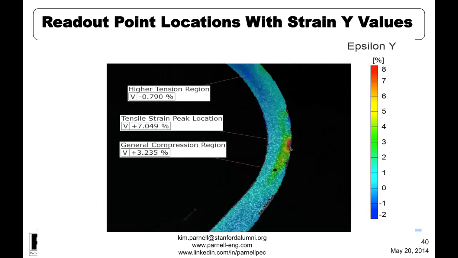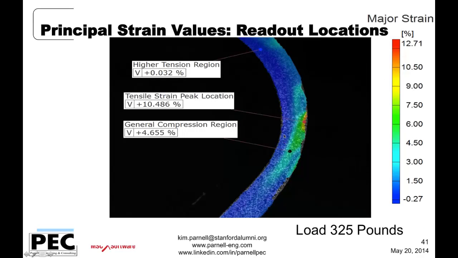And here are some of the aspects of what you can see in terms of principal strain values as you go through the thickness of the components. Here's a principal strain value, and this contour plot of principal strains as you go through.